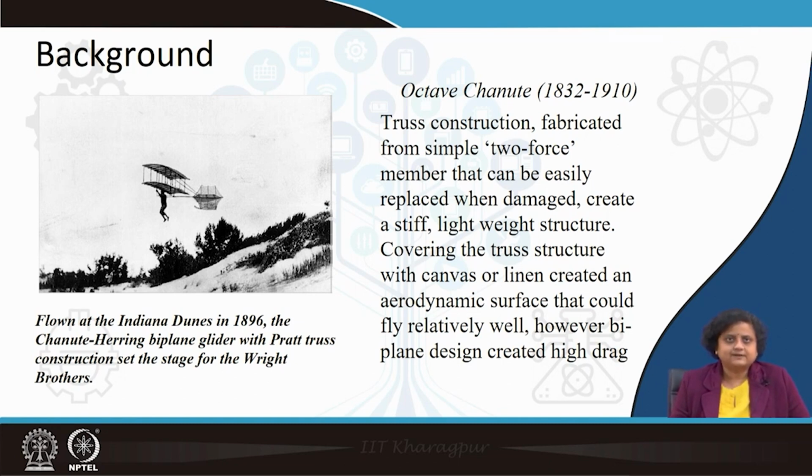Each member of the truss, as we know, is a two-force member, and the top and bottom portion of the truss was covered with linen to give aerodynamic surfaces. So, this glider was a very lightweight structure because of the truss configuration, but it was a biplane structure, as you can see from the picture. This biplane obviously gives rise to slightly higher drag as compared to the monoplane structure that we see.